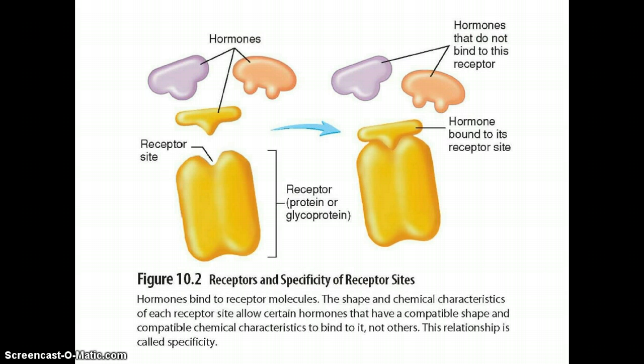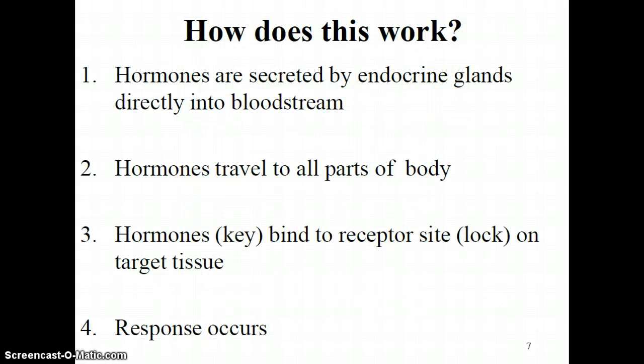And again, this shows you an example of receptors and the specificity. These are showing you the various geometric shapes of the hormone and the receptor site. So you can see visually that certain hormones only bind to certain receptor sites.